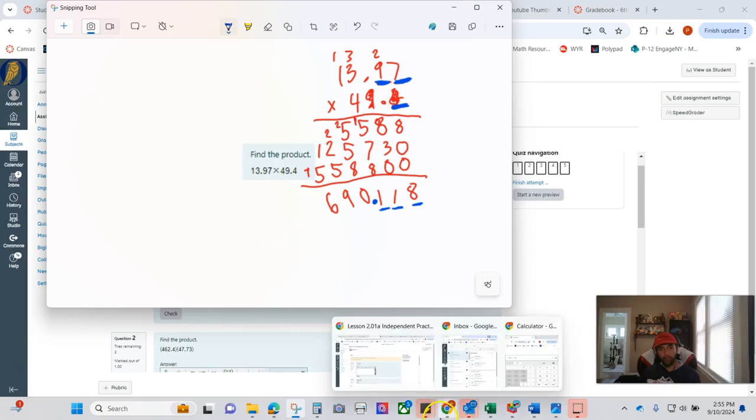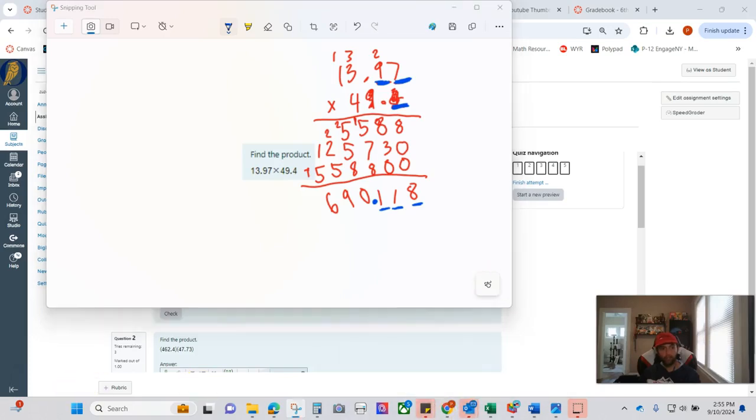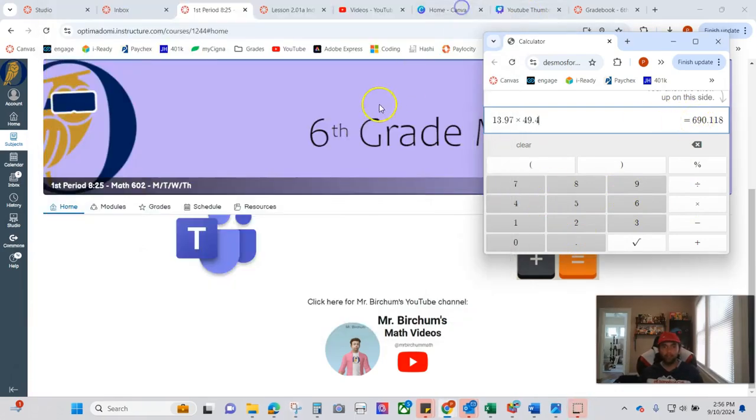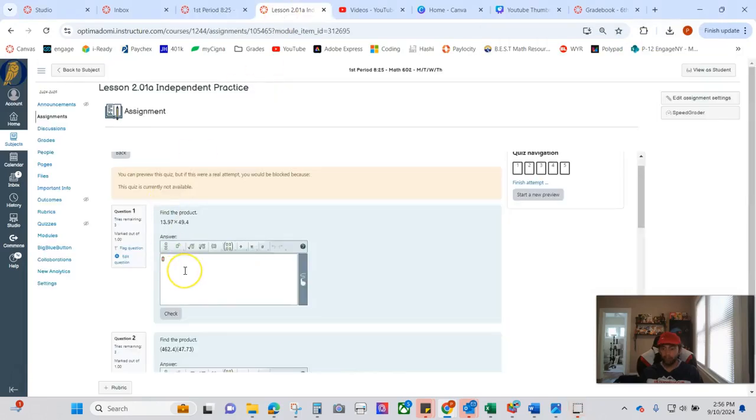And now let's test this with our calculator. And here's our calculator. We type 13.97 times 49.4. And oh, looks like we got that same thing, 690.118. So let's type that in. 690.118.